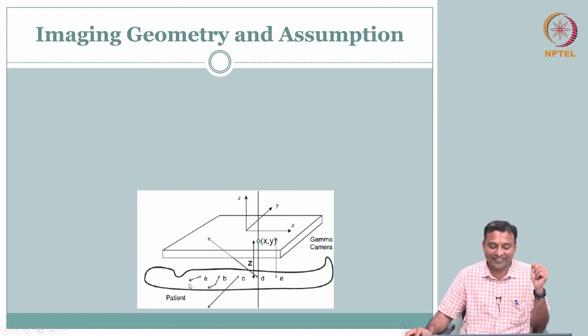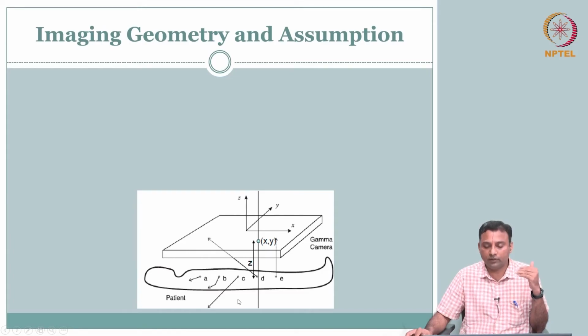So this is your source and this is your detector. We will use the same x and y for in plane and z dimension to relate to the depth, or the source detector distance.